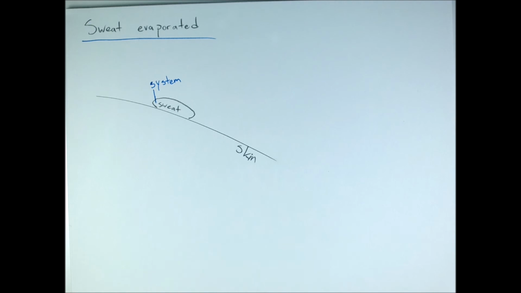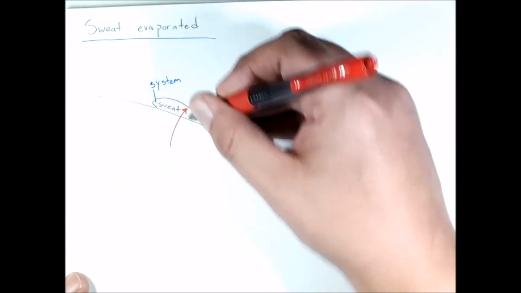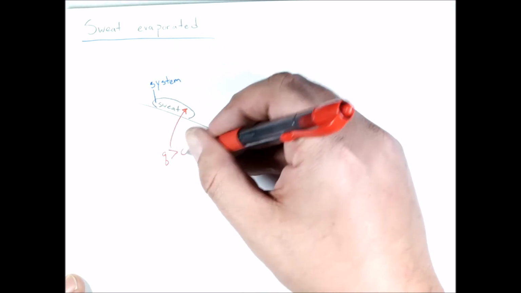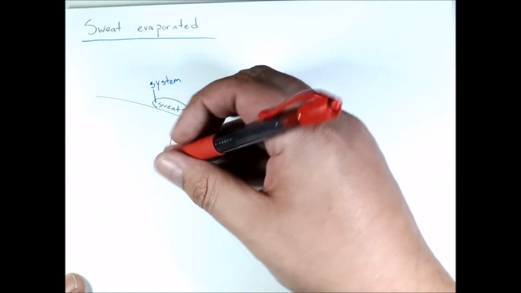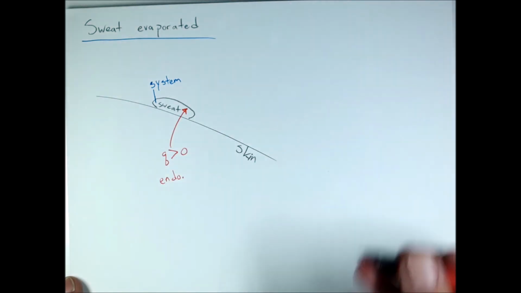All right, so if something is evaporating, what's happening to the temperature? It's going up. So does that mean that heat is going into it or out of it if temperature is going up? Into it. So we say that Q is greater than 0, meaning that it's endothermic. I just write endo for short.